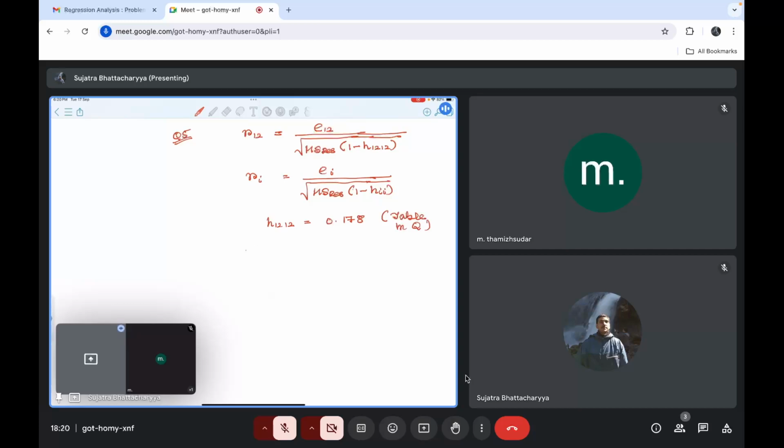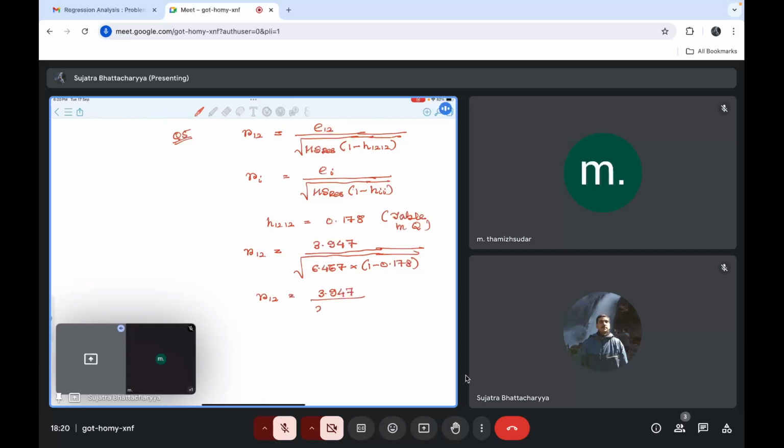And finally, therefore, R12, the studentized residual, is 3.947, since E12 is also given, divided by the root of MS residual we have already found out, 6.467, times 1 minus 0.178. Let me give you the value of the root.